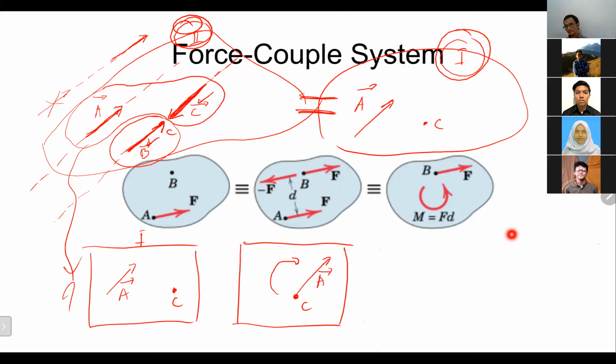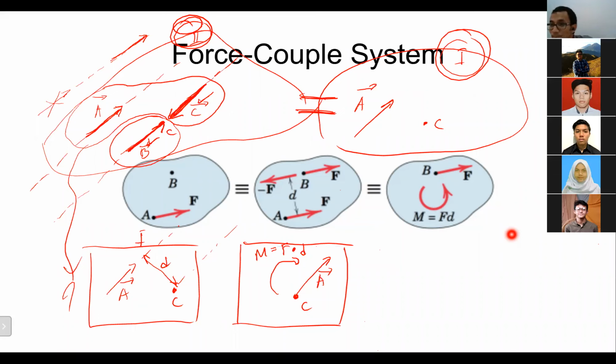The magnitude of the couple is the same as F multiplied by D, where D is the perpendicular distance between the location and the first line of action. You get it, Ananda? I see.